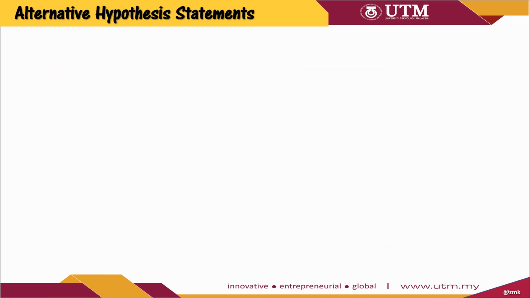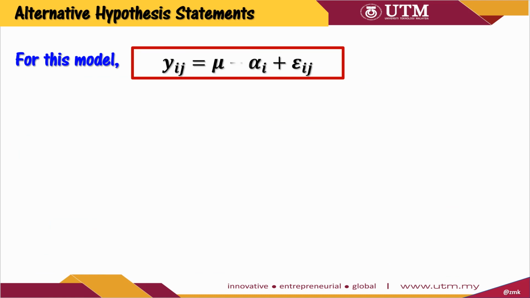Using the alternative model given by Yij equal to the grand mean mu plus the level effect alpha i plus the errors, we can have another set of hypothesis statements. Under the null hypothesis, when we assume all level means mu 1, mu 2 until mu k are equal, it actually implies that the factor levels or the treatments do not have any effect on the observed values or on the response variable Yij.